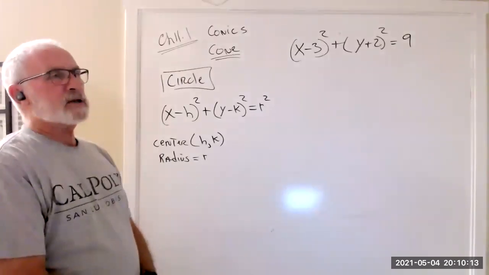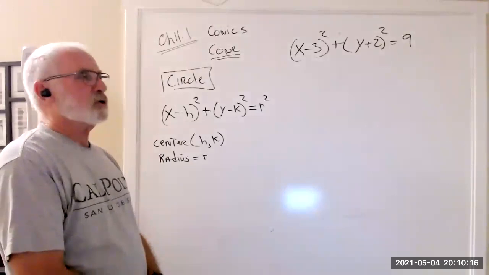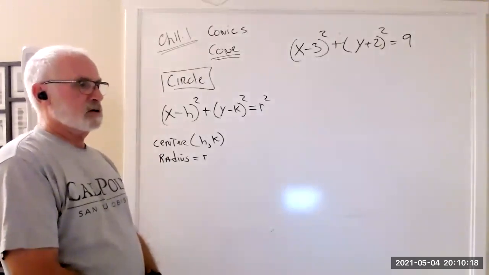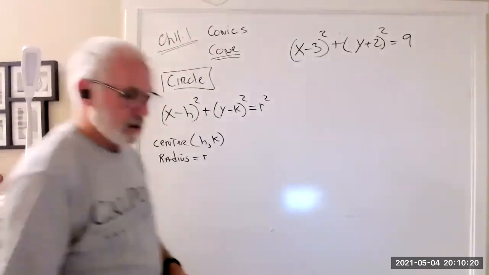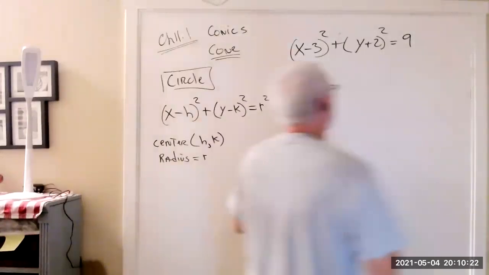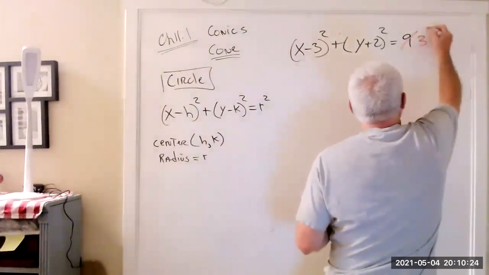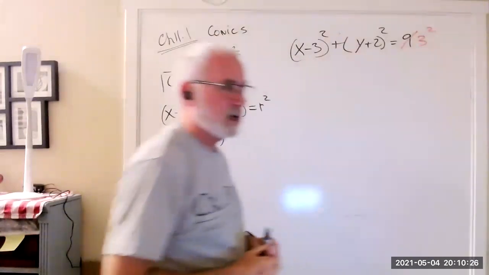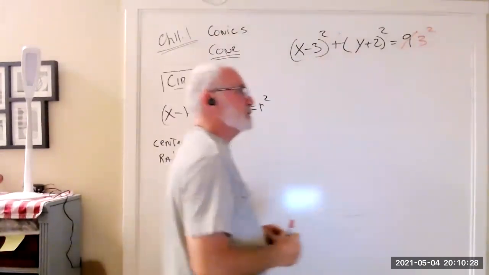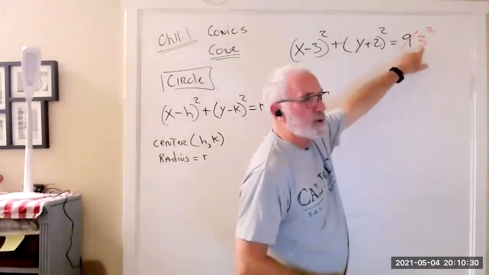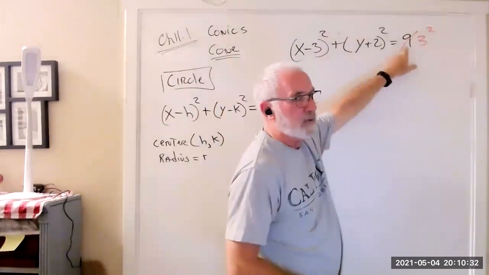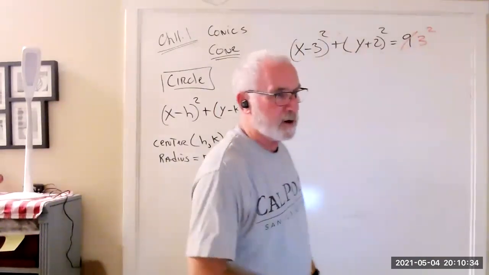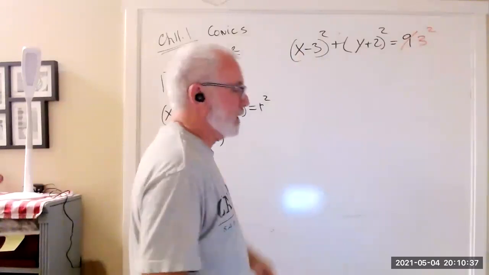What's the radius of this circle? 3. Okay. We know that because instead of 9, we can just say this is 3 squared. Some mathematicians get lazy. Instead of writing 3 squared, they just write 9. And they say, everybody can figure it out. Okay. So the radius is 3.